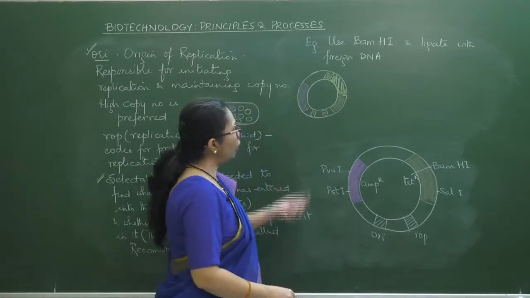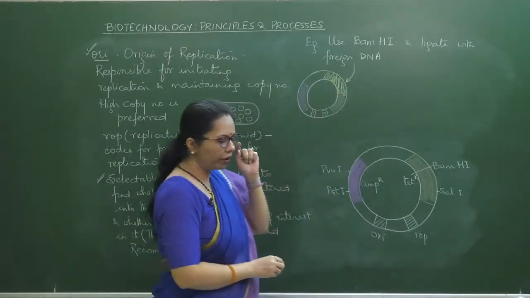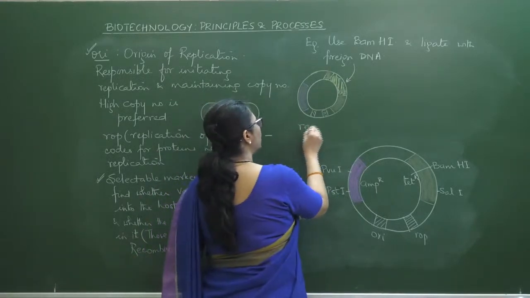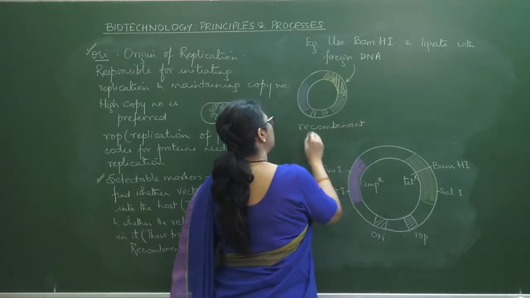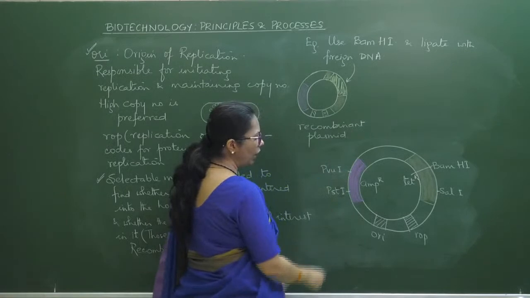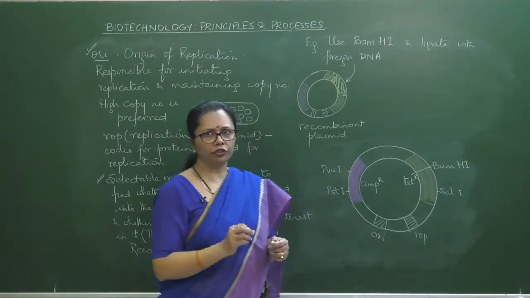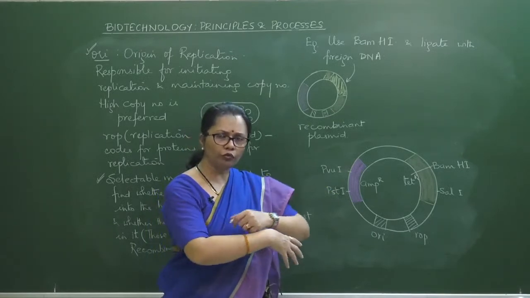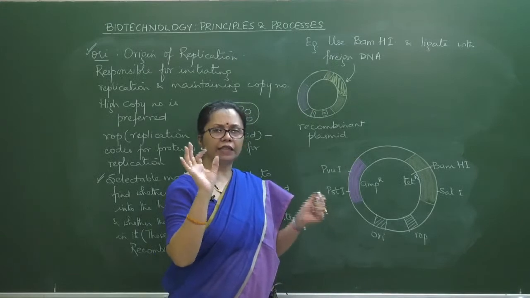Okay. Now, so here this is the foreign DNA part. Now this would be called the recombinant plasmid. While this one, because even though we use alkaline phosphatase, still, because out of so many plasmid molecules we are having, some of them will certainly self-ligate.